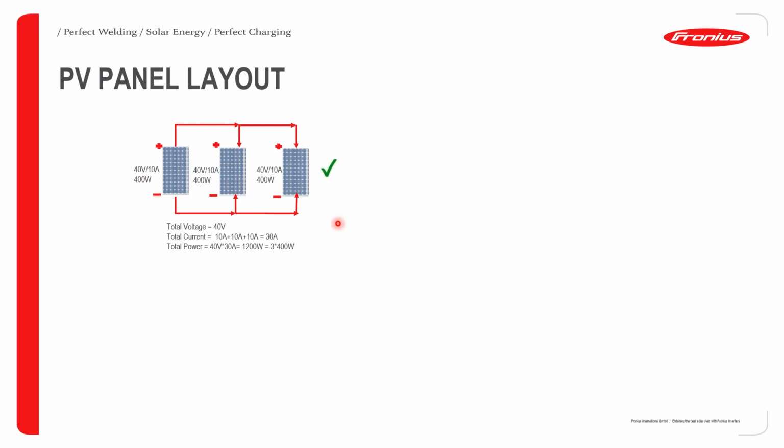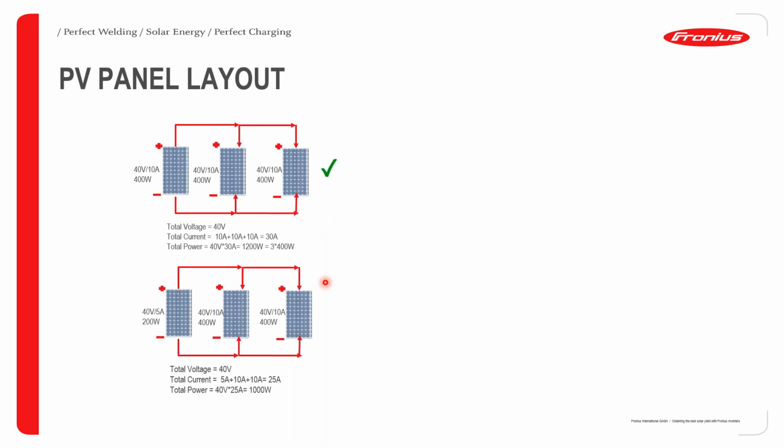So this is fine. And then the next is same parallel orientation, but in this case, one of the panels is different, which is a 200 watts panel, while the others remain the same as previous. So in this case, we have a short circuit current of 5 amps. So the total voltage, as mentioned earlier, as you can see, they are all 40 volts. So the summation voltage is 40 volts.